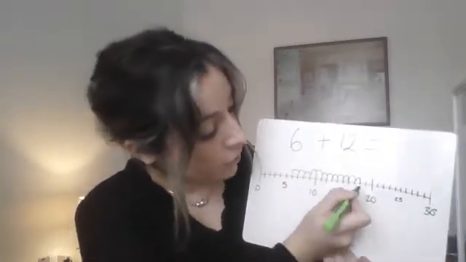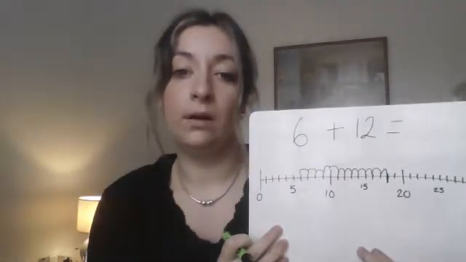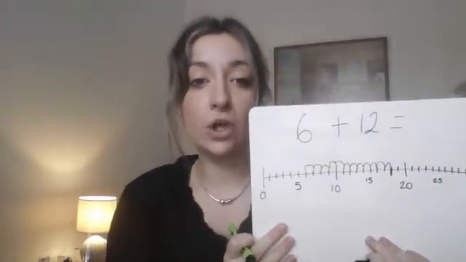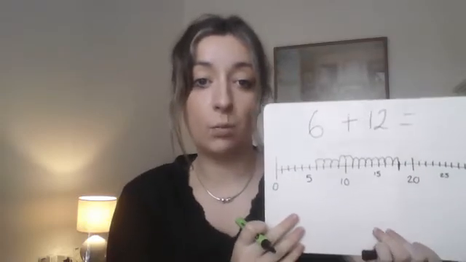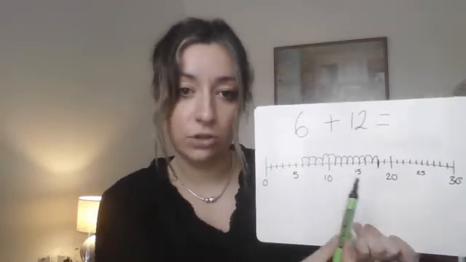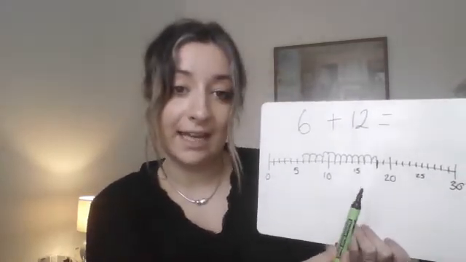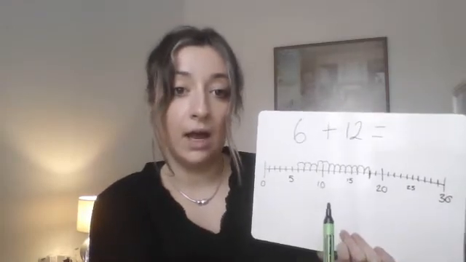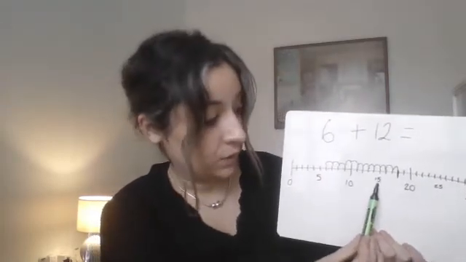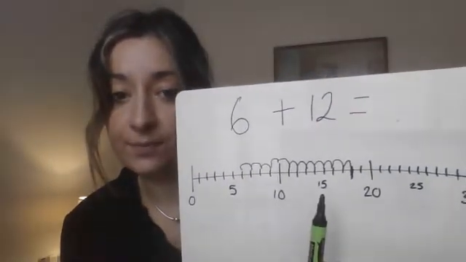I've stopped at this integer here. Now, where am I going to start counting to see what number that is on my number line? I'm going to start at the labelled integer before I landed, which was 15.